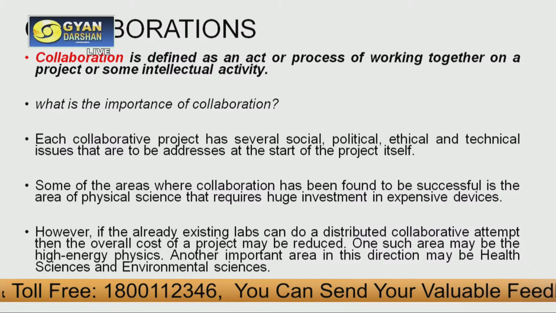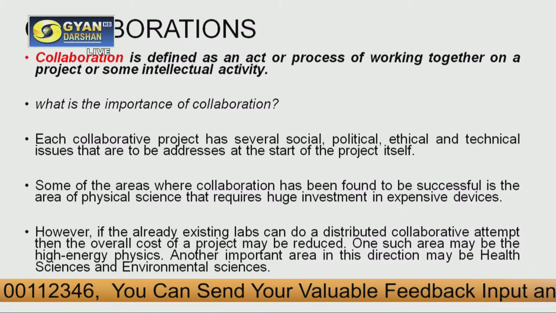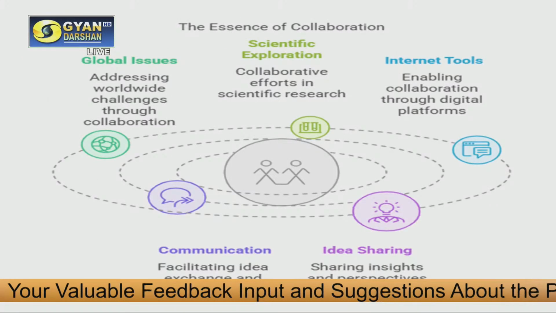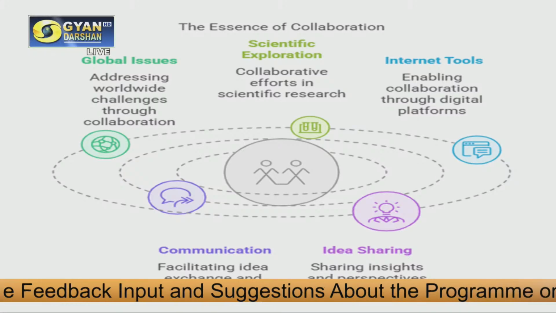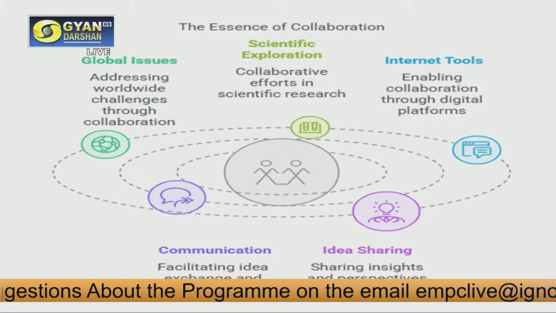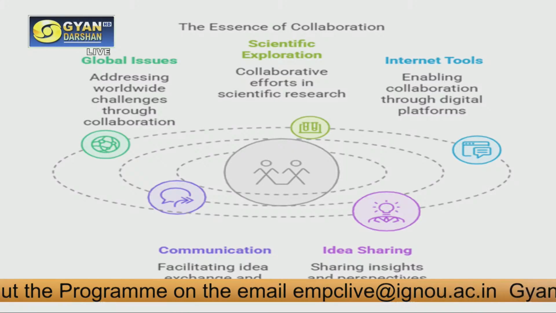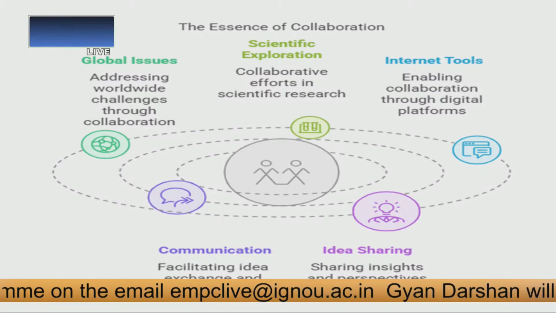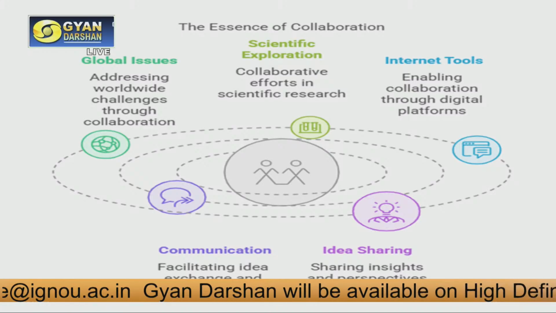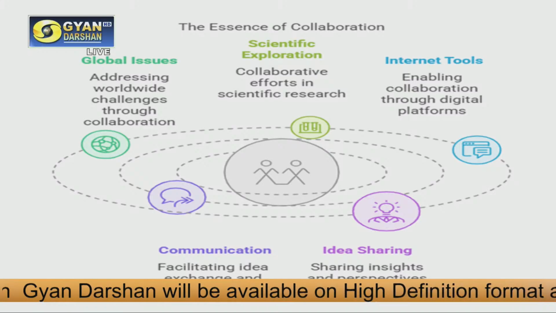So in environmental sciences, physical sciences, and wherever resource utilization is to be optimized, we need to work with a collaborative environment. The essence of the collaborative environment involves scientific exploration to address global issues, to establish communication and share ideas. And for all these things the tools of the internet are readily available.